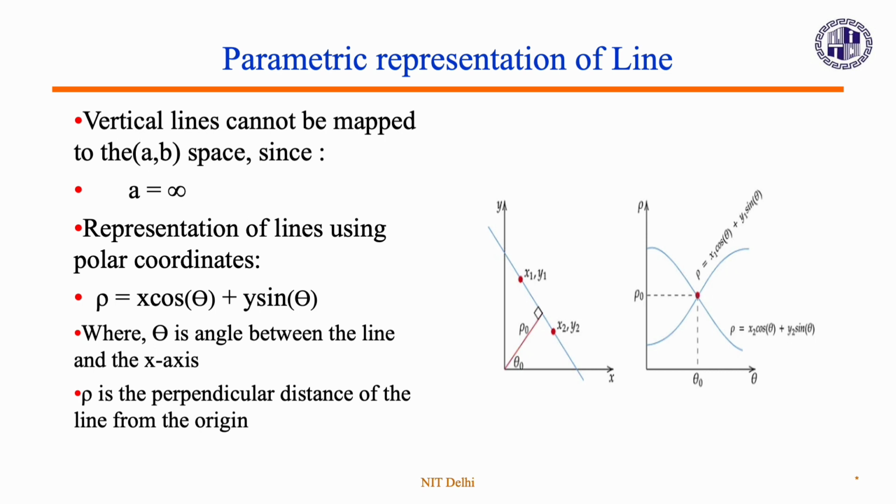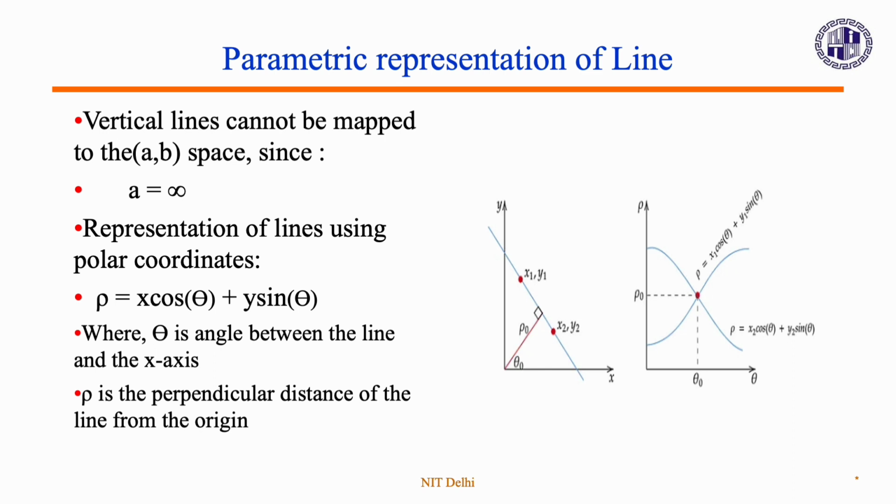But that representation of line has some drawbacks, because of which we go to the parametric representation of line. For vertical lines the slope becomes infinite. That means a computer would need an infinite amount of memory to represent all possible values of the slope.